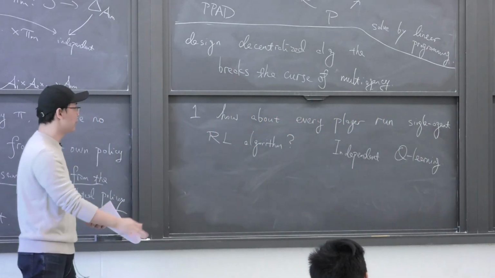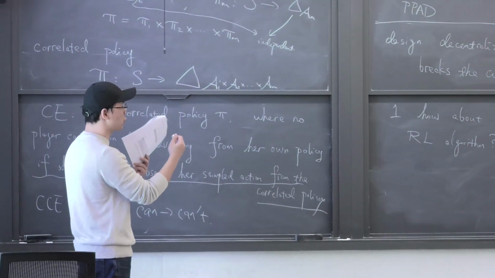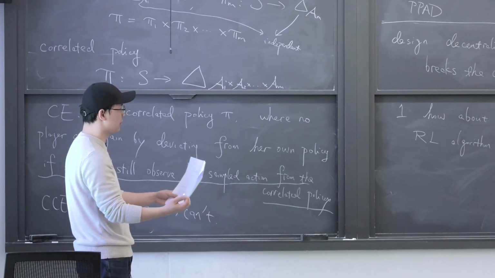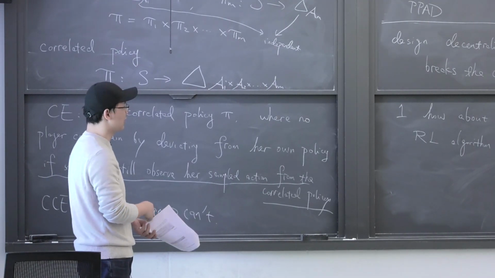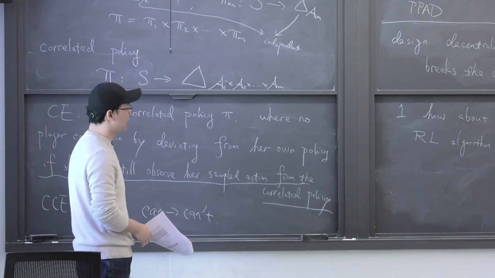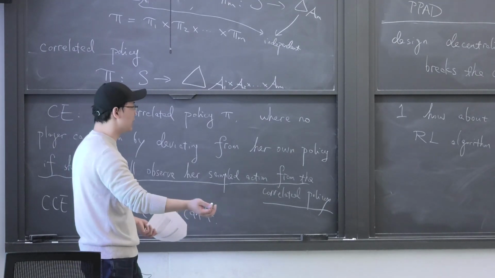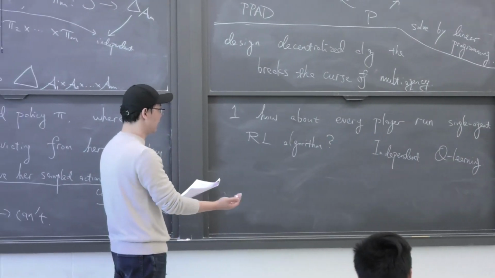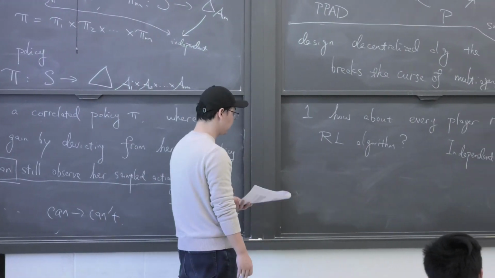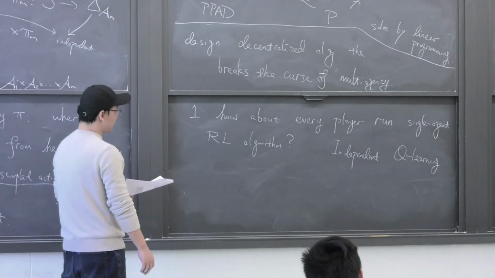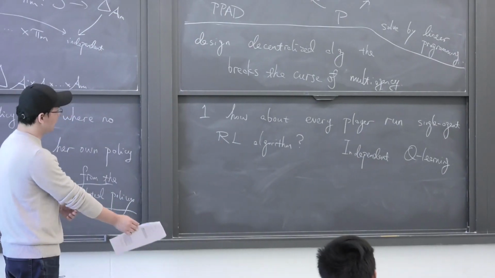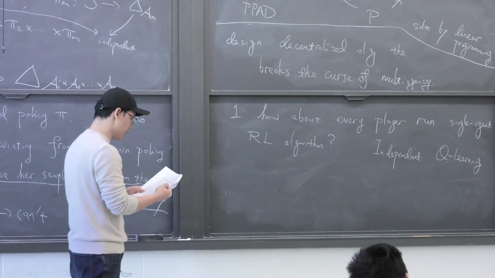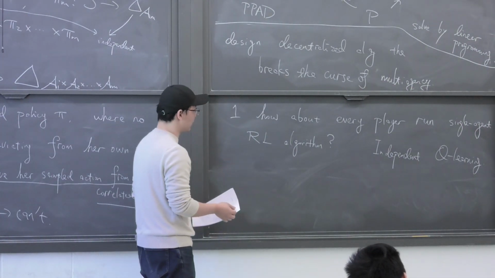Remember, this Q-learning is different from value iteration where we look at the Q value of a joint policy, because that is a joint action. This is a decentralized algorithm, so each player just runs their own algorithm. Although the other players are changing, you just treat them as the environment and run Q-learning with a Q value that only has the state and your own action. As we mentioned earlier in this class, one of the most important differences between single-agent and multi-agent is that opponents are not stationary.